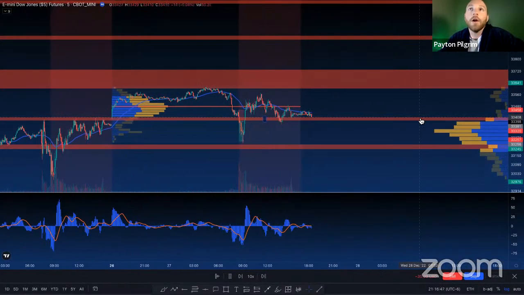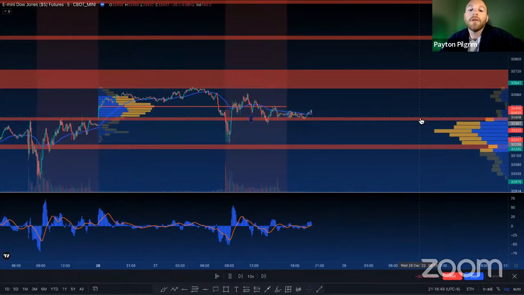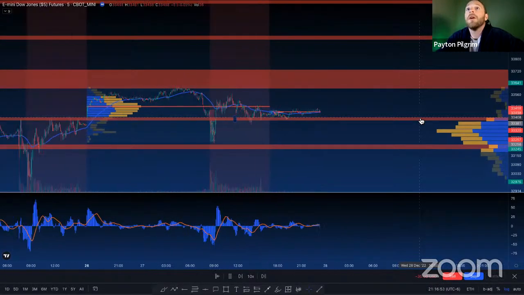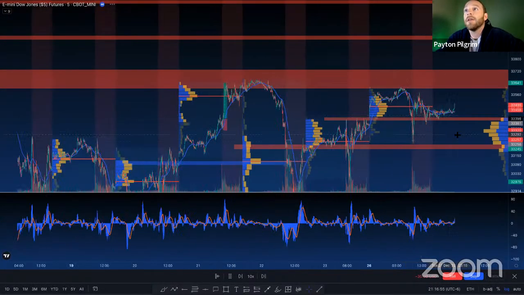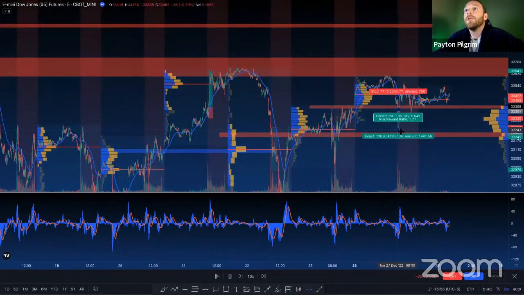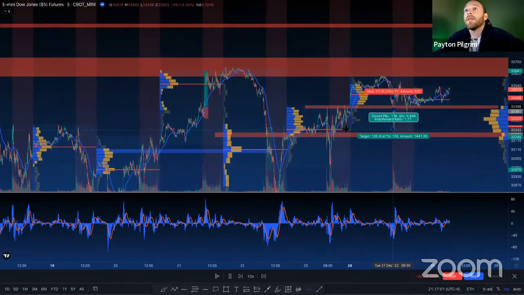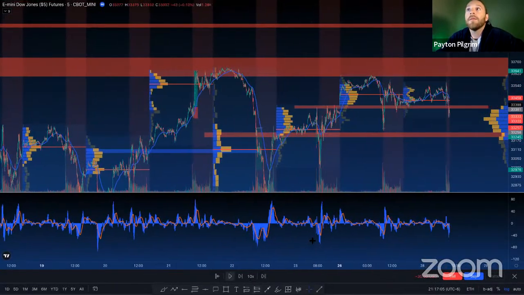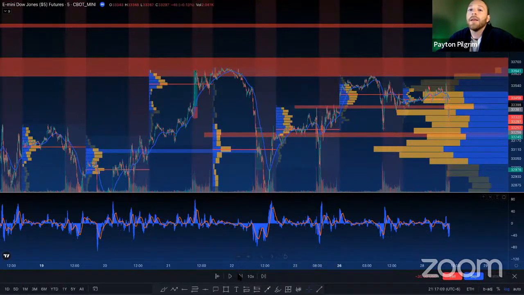And you see how I didn't go back in time to mark these levels off or anything? I literally just marked them off from the volume profile, and you see how they're getting respected heavily. I mean, who catches that move right there? Sorry. So what I'm seeing right here, man. Okay, I keep.